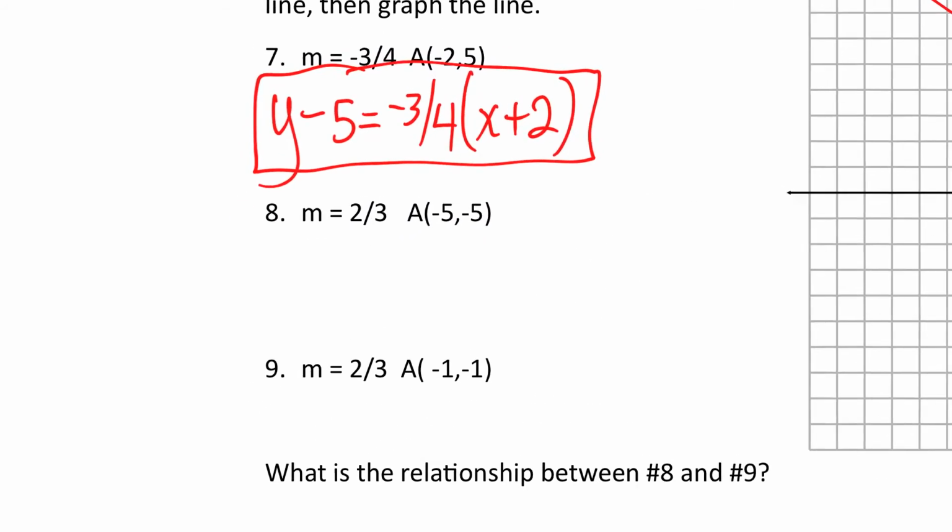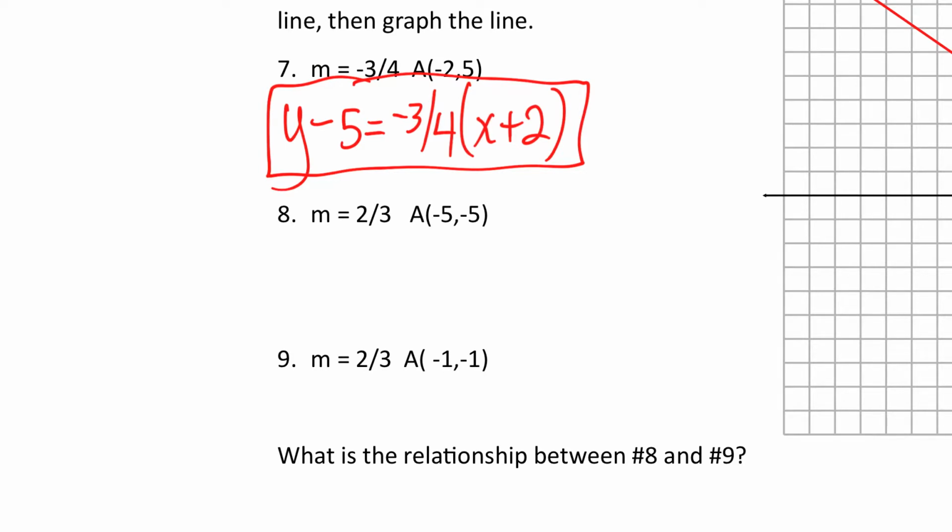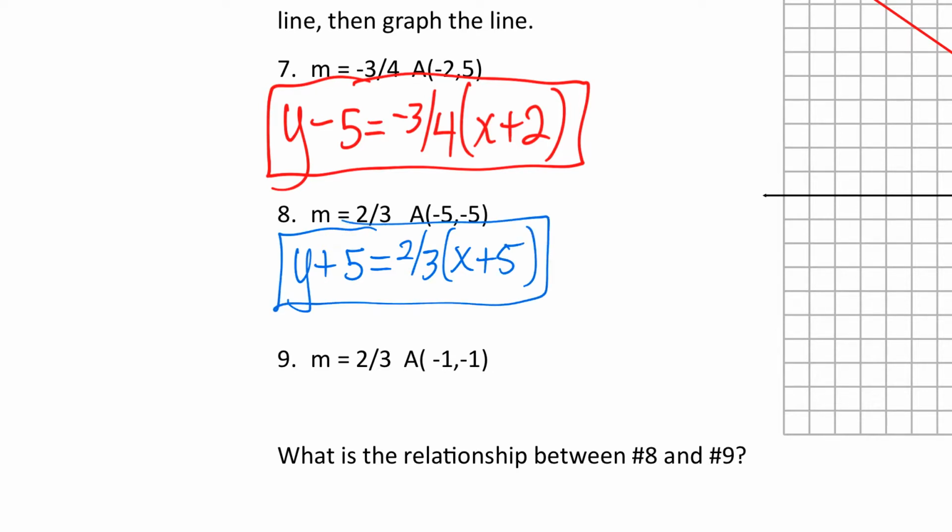All right, number 8. What would that look like in the point slope? y plus 5 equals 2/3 (x plus 5). Okay, good.